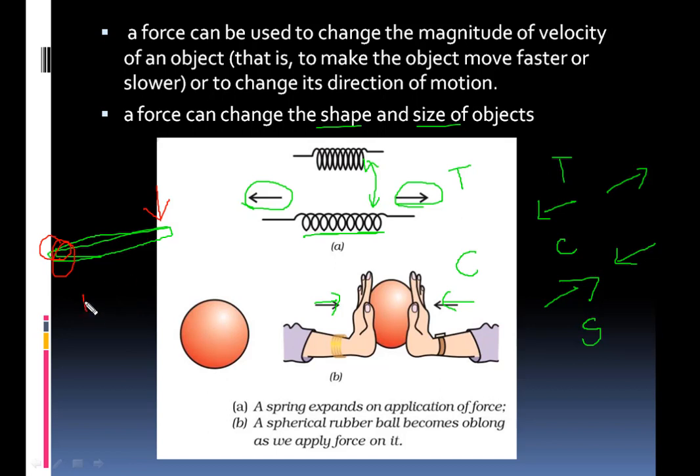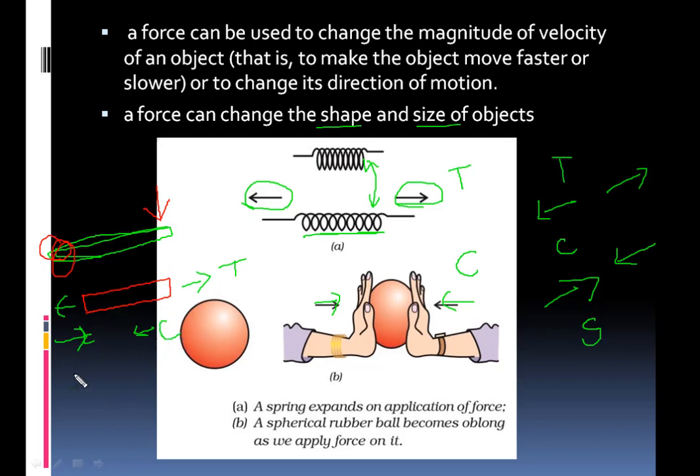Suppose you have a rubber, this is a piece of rubber. If you pull the rubber in this direction, its length will increase, so that is the case of tensile force. If you push the rubber in this direction, the length of the rubber will decrease, that is the case of compressive force.